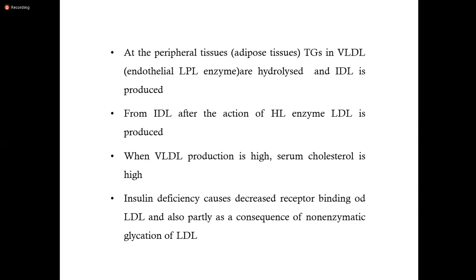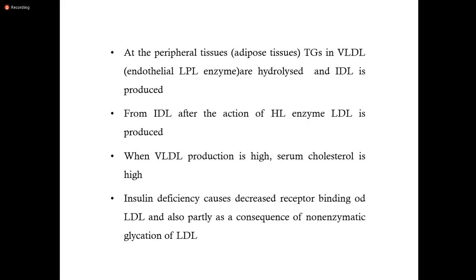Some of those are further metabolized by hepatic lipase. This HL means hepatic lipase, an enzyme again present in the vascular endothelium of the hepatic vasculature.